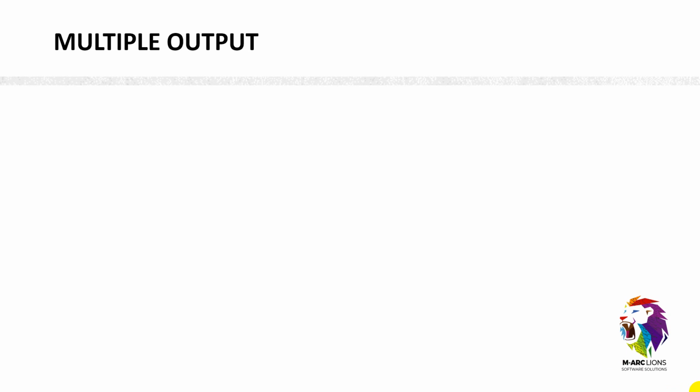Now if we have to use two variables in a single printf statement, here is how we can use printf for showing the output of multiple variables. In the previous example of float and double, I was using float and double separately in my printf statements, one for float, the second for double.